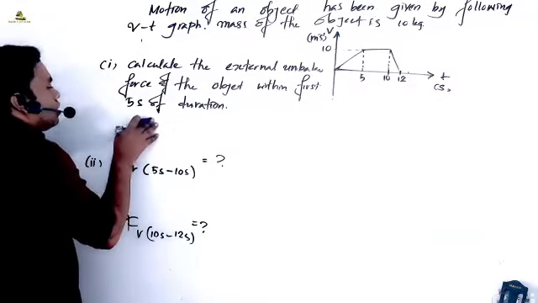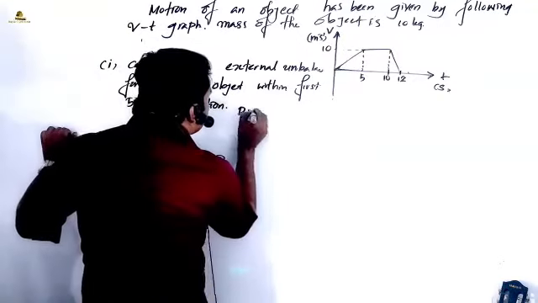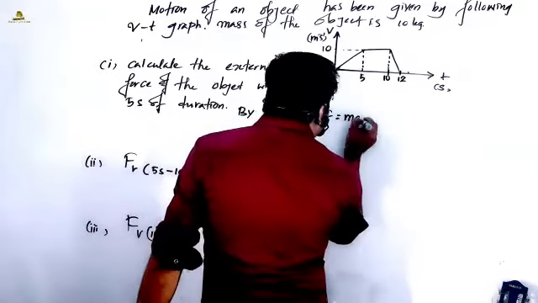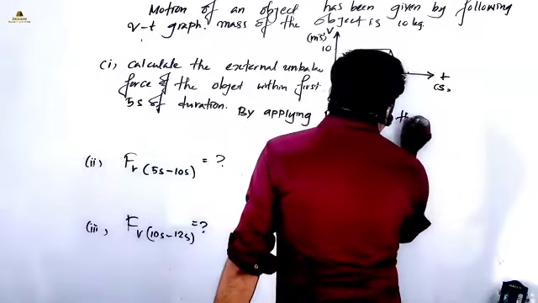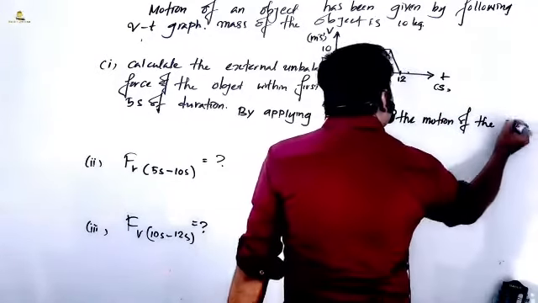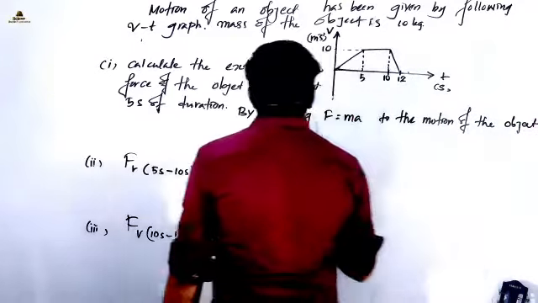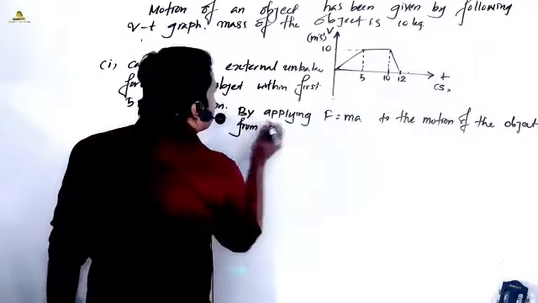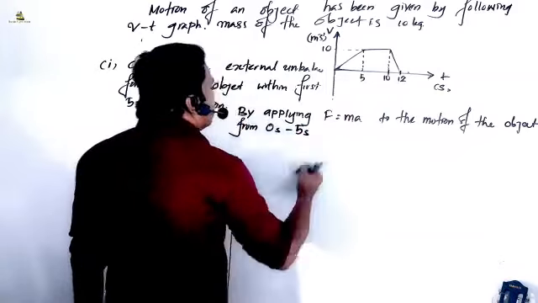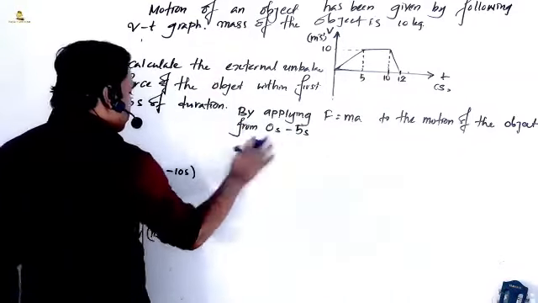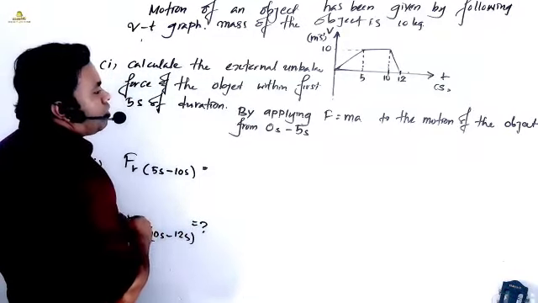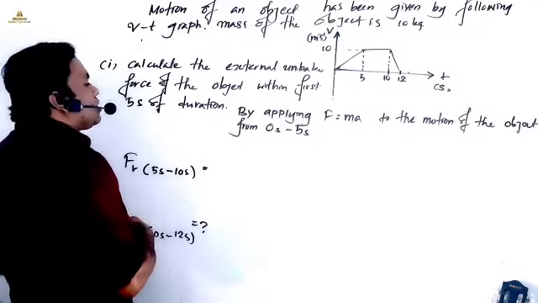Therefore, you have to tell it first by applying F equals ma to the motion of the object from 0th second to 5th second.